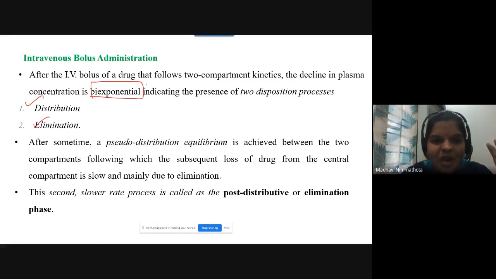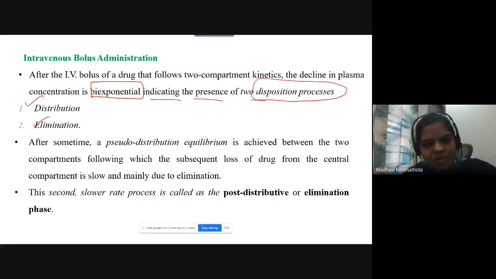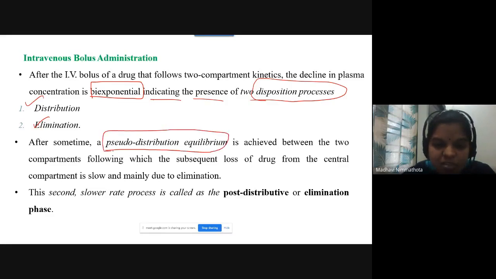That's why it is called a bi-exponential process. That indicates the presence of two disposition processes, distribution and elimination. You have three terms to remember. Then after some time, after taking an IV bolus, a pseudo distribution equilibrium is achieved.